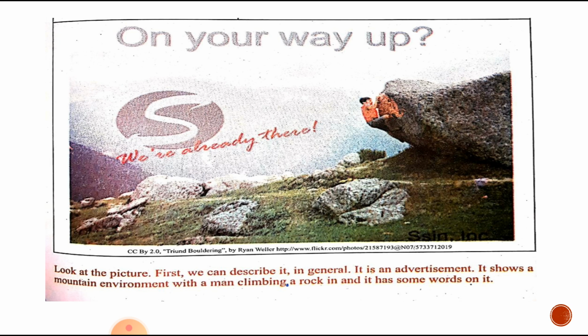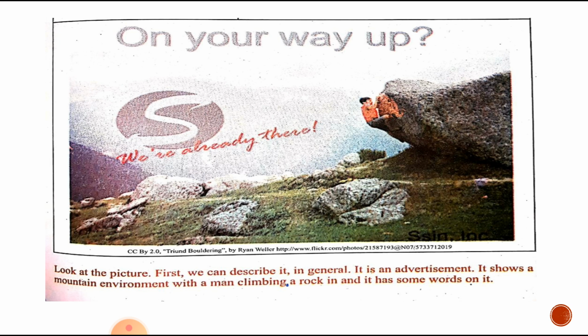We are already there is printed on it, and in bigger font the caption-like words: On your way up? With a question mark, it suggests that the advertisement has to convey something about progress.